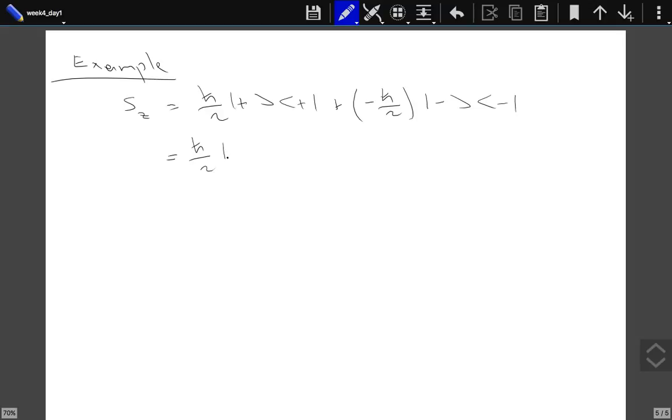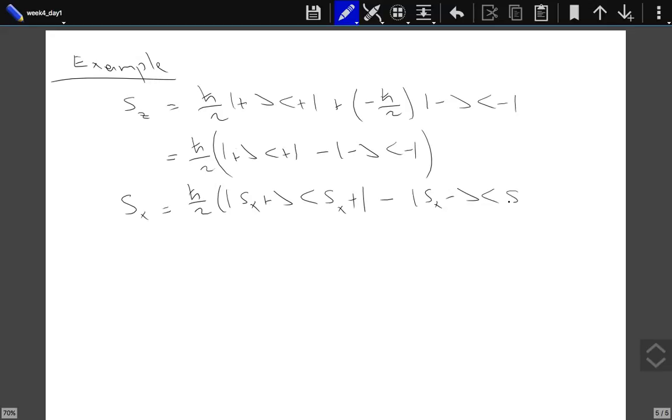And Sx was h bar over 2 times Sx plus, Sx plus minus Sx minus, Sx minus. This was the Sx operator. So we basically need to go from this basis to this basis.